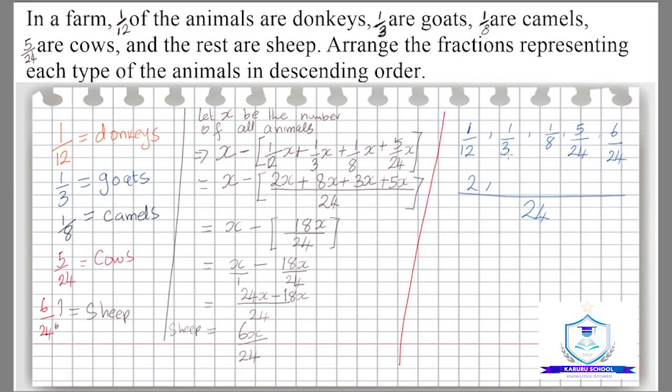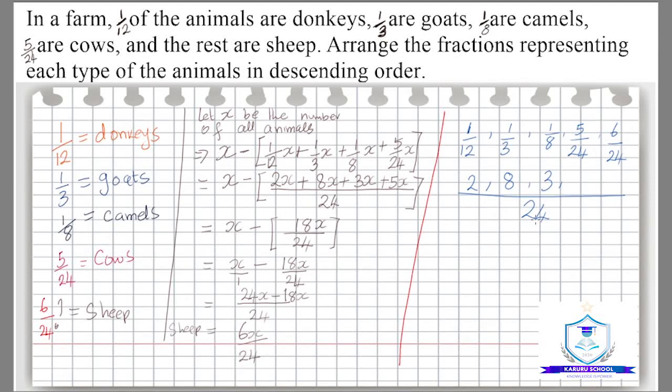24 divided by 3 gives us 8, multiplied by 1 gives us 8. And then 24 divided by 8 gives us 3, multiplied by the numerator here, which is 1. This gives us 3. So 3 is representing an eighth, 8 is representing a third, and 2 is representing 1 over 12.